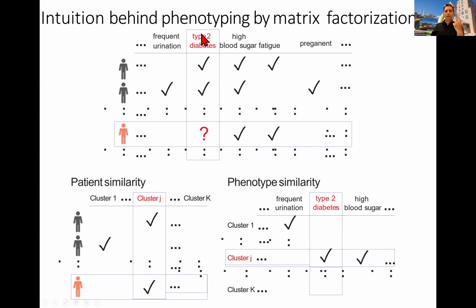And instead of saying, okay, I have type 2 diabetes and high blood pressure, et cetera, and each of them is an independent phenotype, you can start saying, if I factorize this matrix, can I discover eigen patients and also eigen phenotypes? In other words, groups of patients that are similarly behaving and groups of phenotypes that are co-occurring.